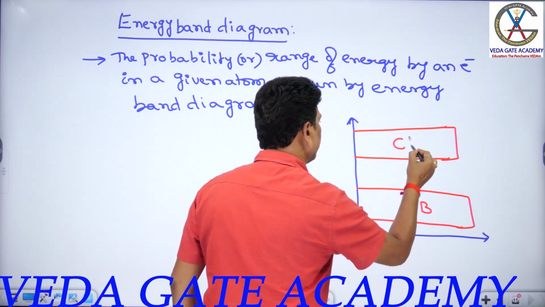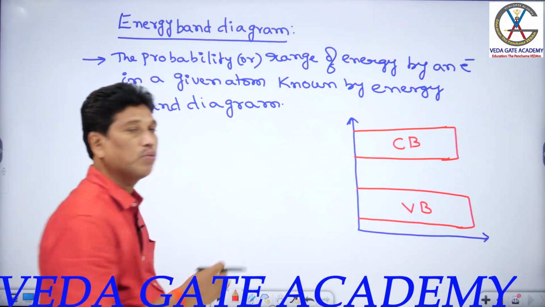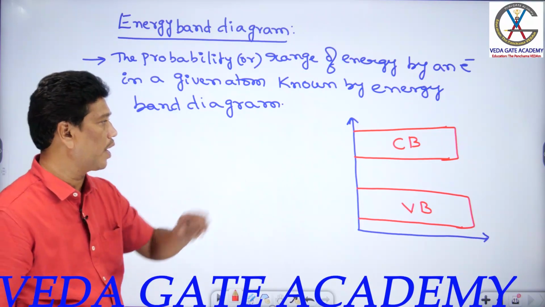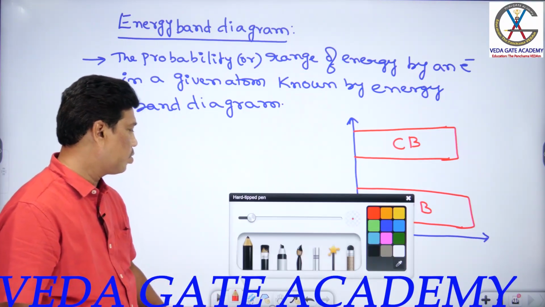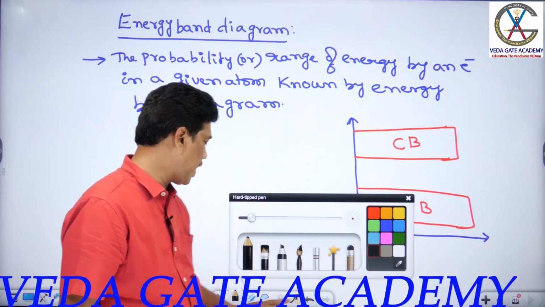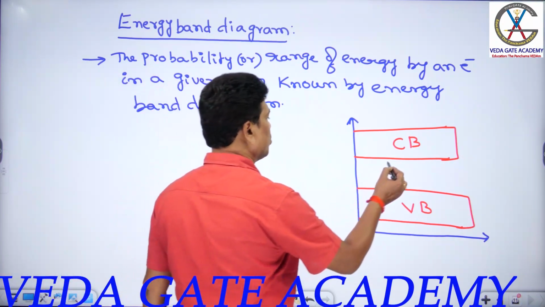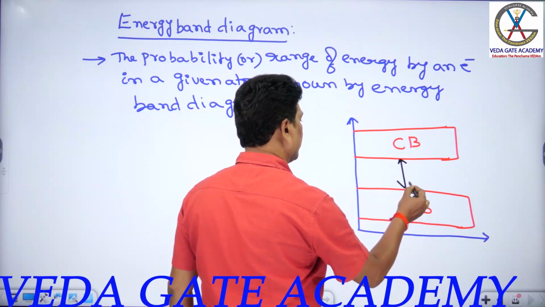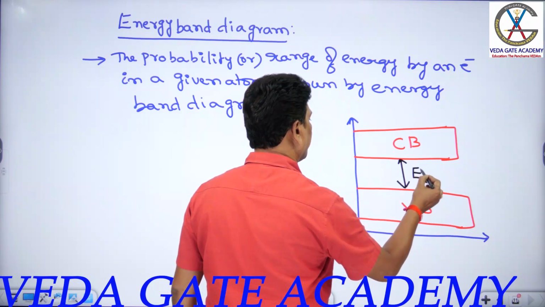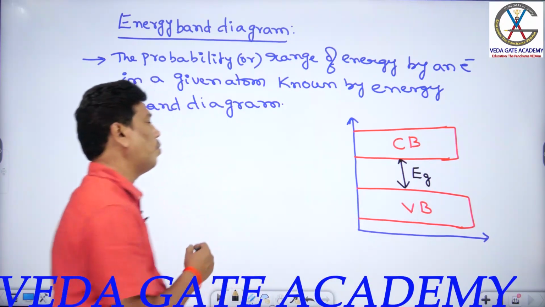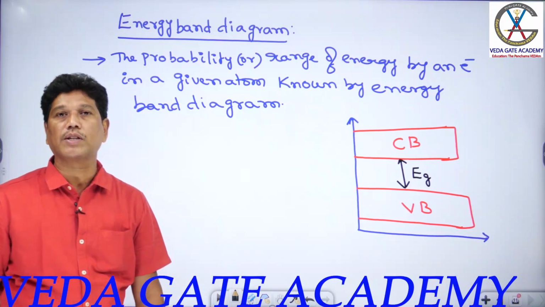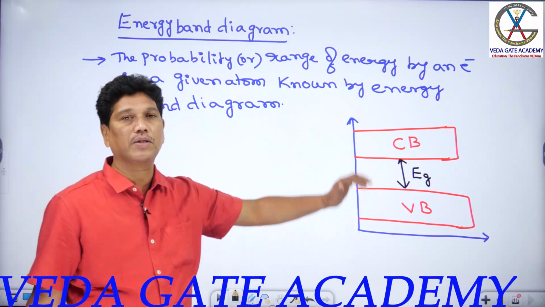These are separated by a gap, called the forbidden gap or simply the energy gap. This is the energy gap. So valence band and conduction band are separated by a gap, called the forbidden gap or simply the energy gap.